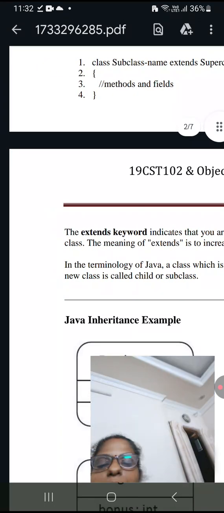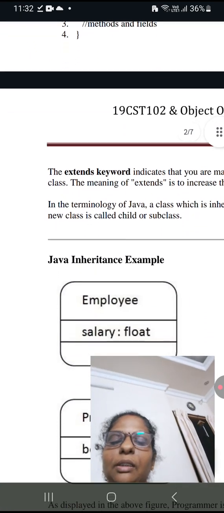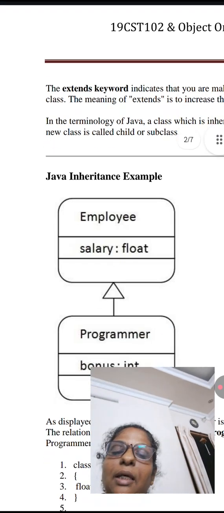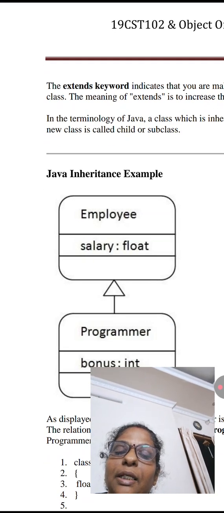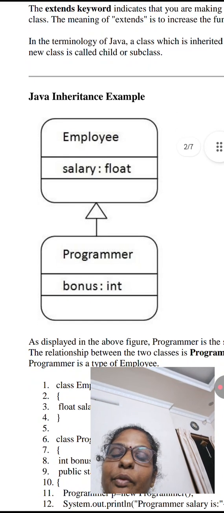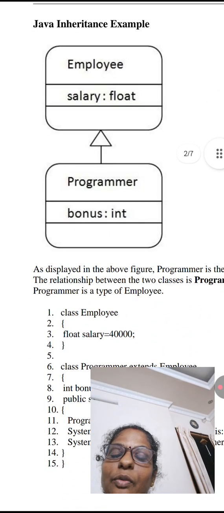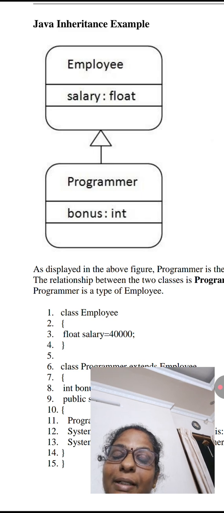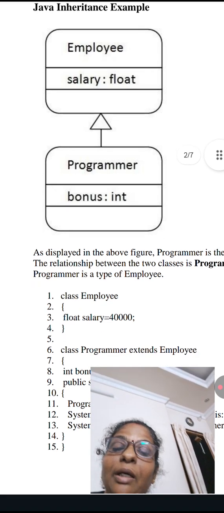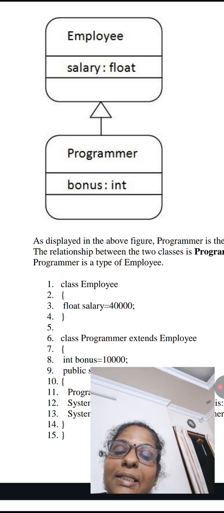Likewise, in this Java inheritance example, on the base class we take an employee, and salary is declared as a float, and a programmer is creating a program. In the base class, or parent class, we create a class named Employee. In that we use the salary details.